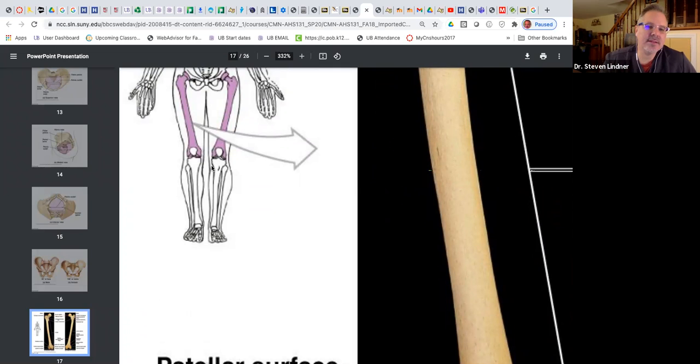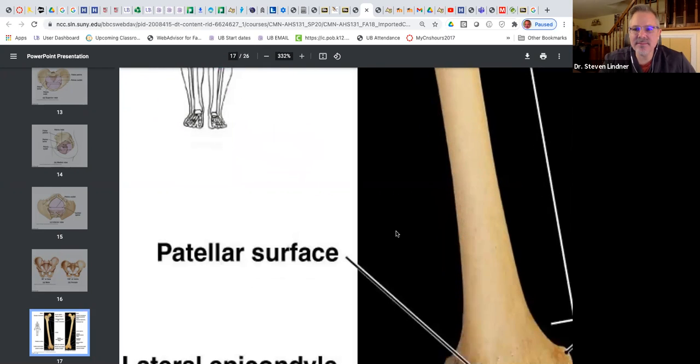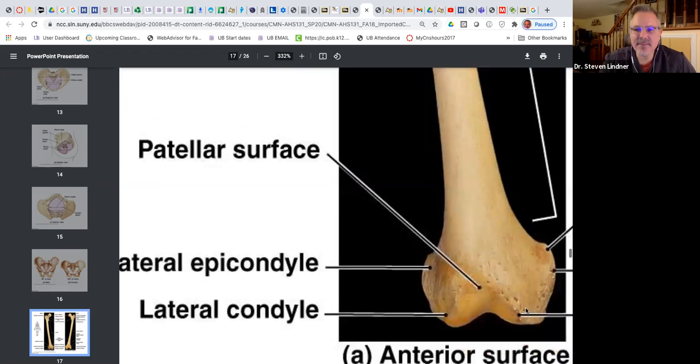When it rotates the tibia medially, it torques and changes the orientation of the quadriceps muscles as they cross over the kneecap and attach to the tibial tubercle. It changes the direction of the pull, and it creates this torque or torsion of the patella, and it can misalign the patella in this articulation.